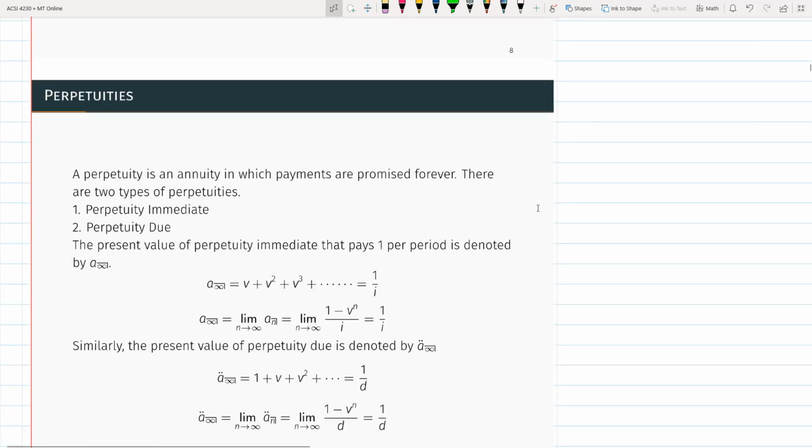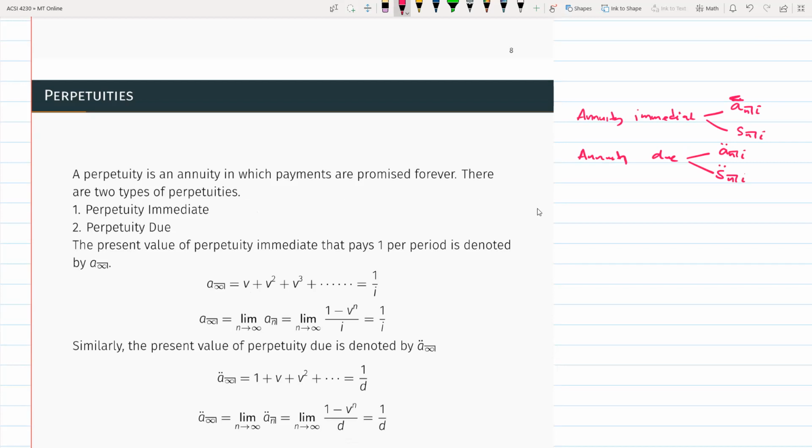Okay, so we talk about annuity immediate. We use the formula a_n and s_n, and then annuity due, a double dot.